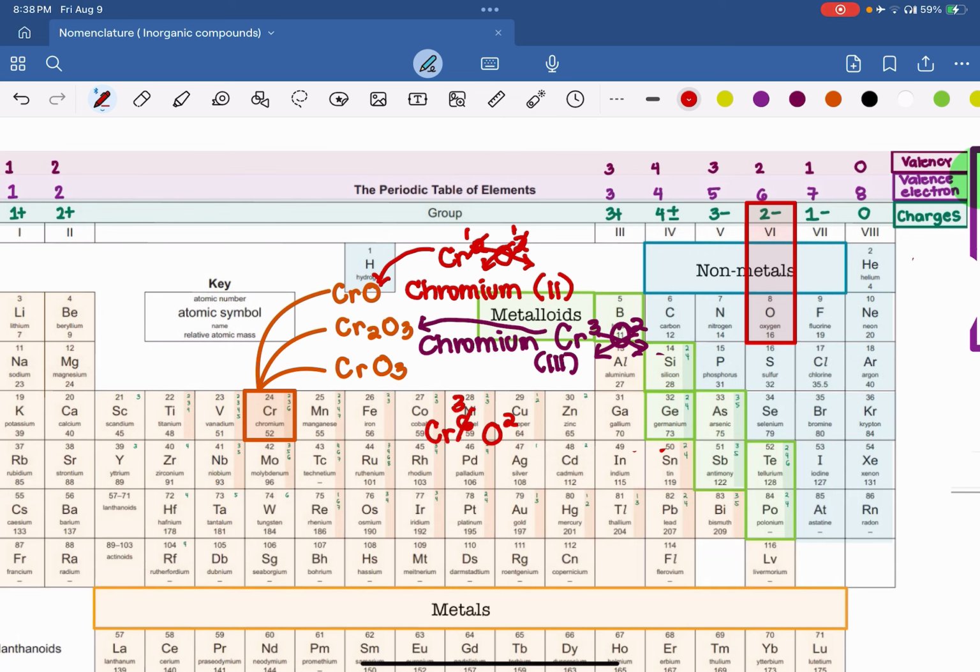So this one would become 3, this one would become 1, crisscross, then that will result in this compound. So if I am going to be more specific, chromium did utilize 6 as the charge for this given compound. That is how you're going to emphasize the charge used by a metal having 2 or more charges.